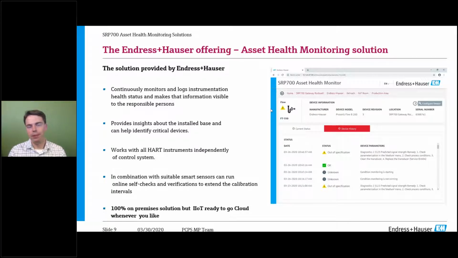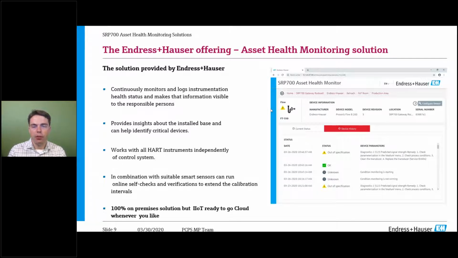You can also connect Emerson or Vega or Krohne or whatever you have on your site. As long as it speaks HART, you will be able to monitor those devices as well. And if you have suitable sensors, depending on what hardware you have in the field, you can use the advanced features I mentioned before, with heartbeat, self-checking, internal reports and audits, that you can use, for instance, to extend the calibration intervals.